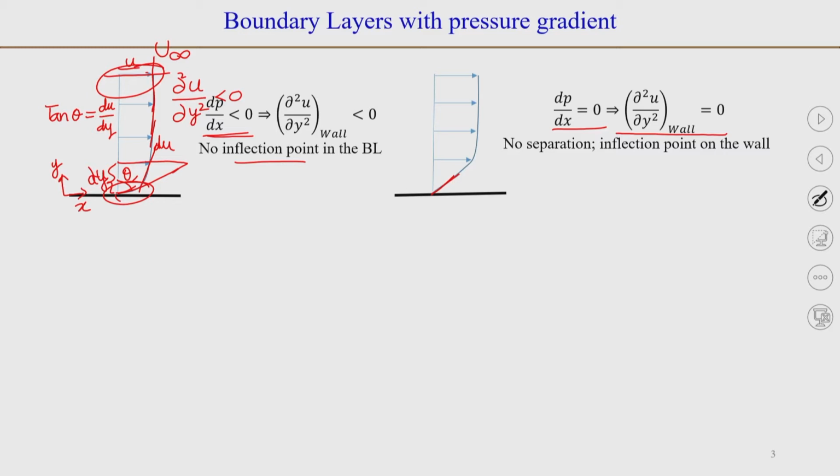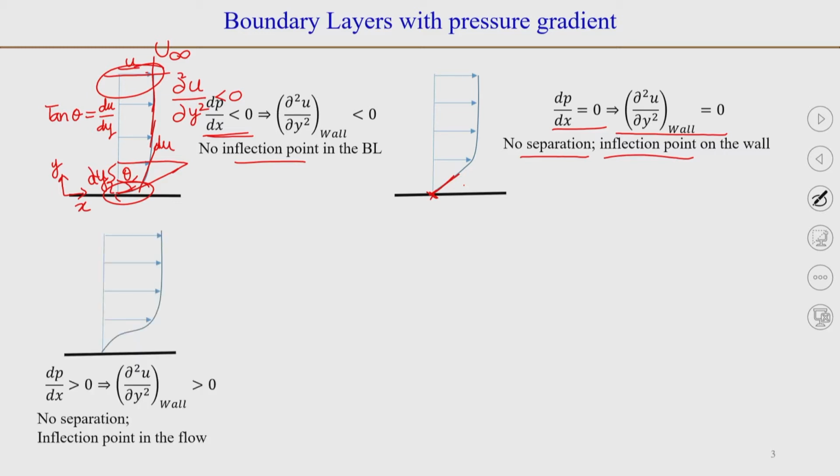In this case again we do not see any separation, and the inflection point, where d²u/dy² is equal to 0, is at the wall. In the previous case d²u/dy² was nowhere 0 in the flow; here we have d²u/dy² equal to 0 at the wall, and that is what we call an inflection point, the point at which the second derivative of u becomes 0.